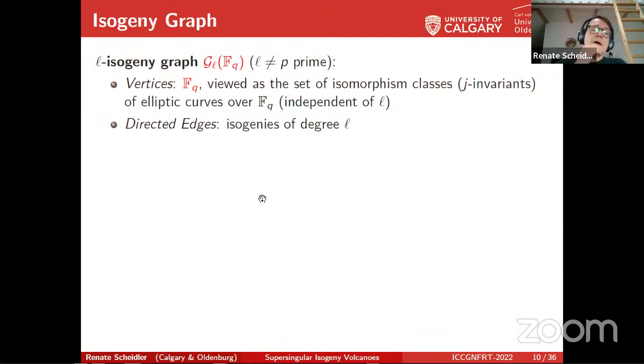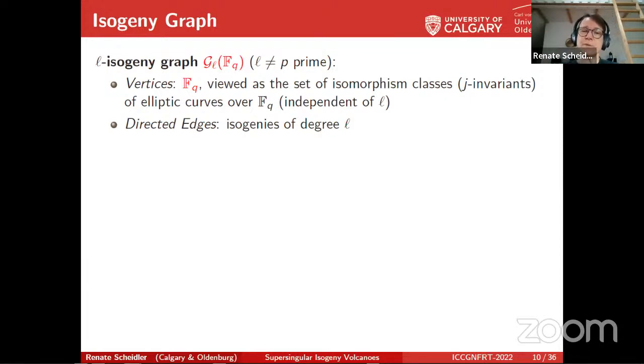Okay. So with that, we can define the so-called L isogeny graph of elliptic curves. The vertices of this graph are just the elements in FQ, and you interpret them as J invariants of elliptic curves, or isomorphism classes. So this is independent of L. L is a small prime, so you can do this for L equals 2, L equals 3, L equals 5.